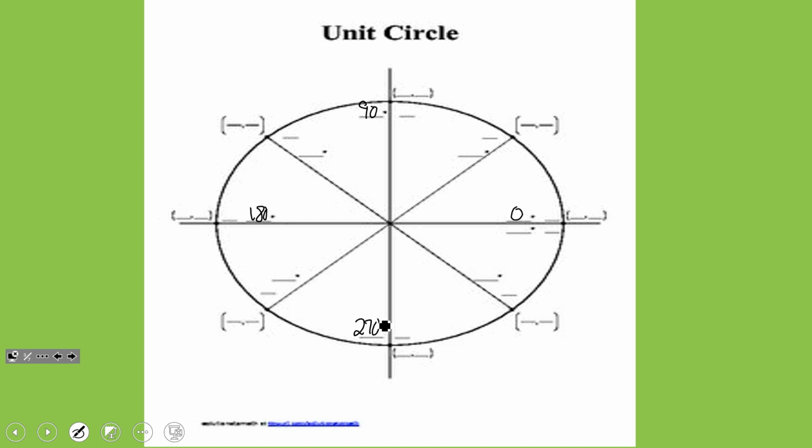Then right beside it, we did it in terms of radians. So when I'm talking about degrees, you with me? I'm talking about the angle, and it's opening up. When I'm talking about radians, I'm more specifically talking about the arc that subtends the angle, but it's still the same angle, right?